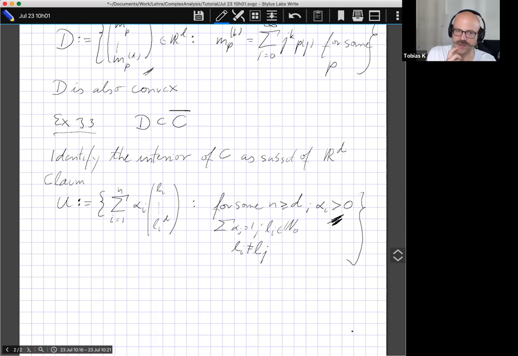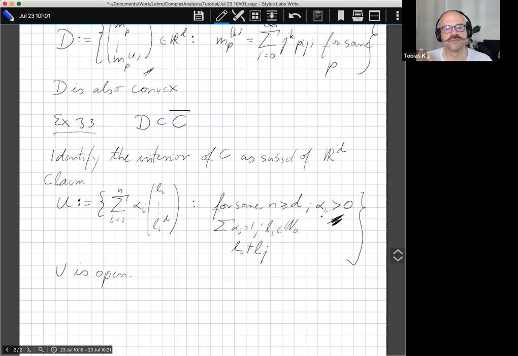Okay, and so what I want to show is that, what is easy to see is that U is open. Now, U is open in R^d means that you can move in all directions a bit and you don't get out.